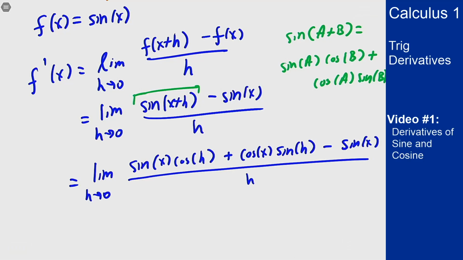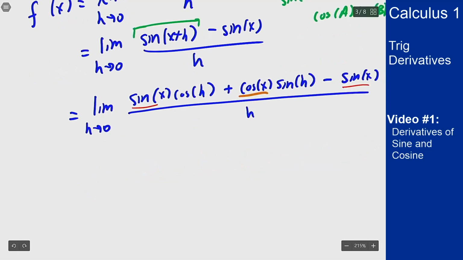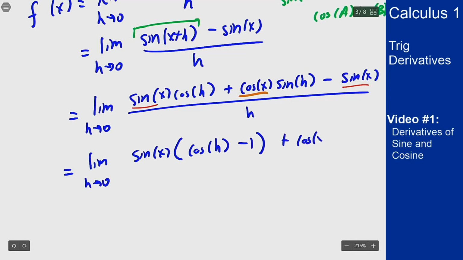Now I'm going to regroup the numerator based on what function of x they have. So I see two copies of sine of x. I'll group those together, and I'll leave the cosine x as a separate term. So this then becomes sine of x times cosine of h minus 1 plus cosine of x times sine of h, all over h.